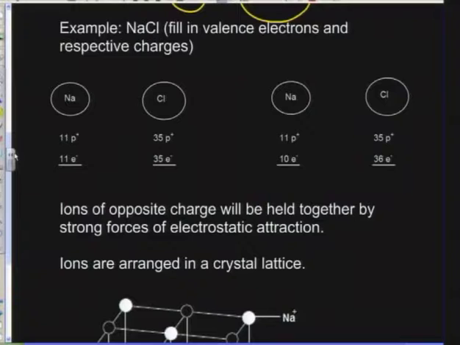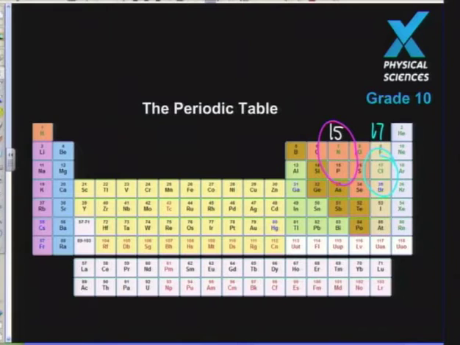The example I've given here is table salt, NaCl, sodium chloride. And I've asked you to fill in valence electrons and the respective charges. So going to your periodic table, we're going to see we've got sodium and chlorine. I've already circled it there.